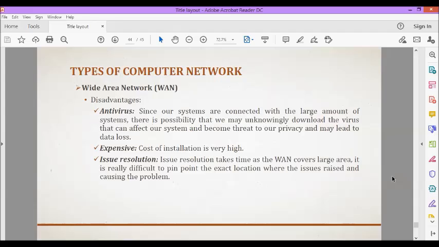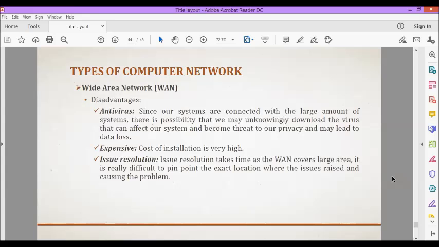Next, we have expensive. The cost of installation is very high. And issue resolution. Issue resolution takes time as the WAN covers a large area. It is really difficult to pinpoint the exact location where the issues arise and cause the problem.